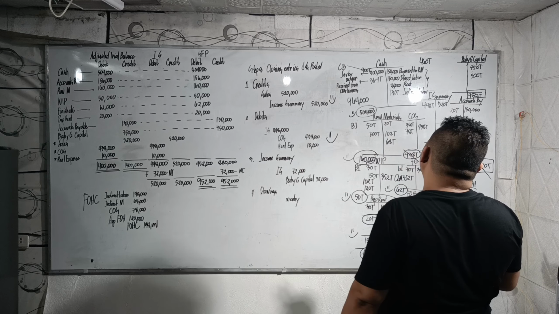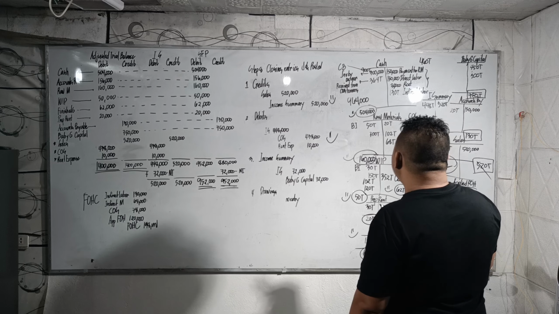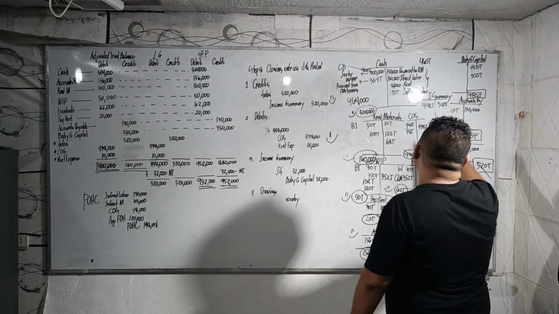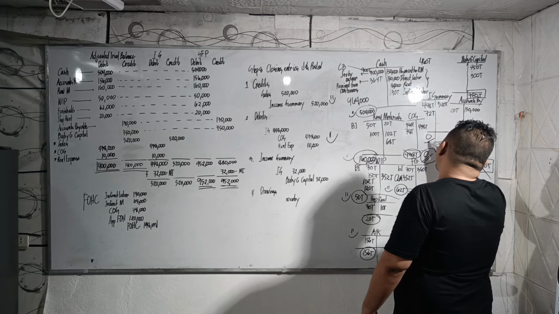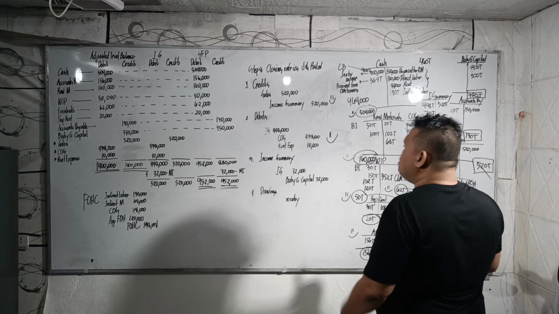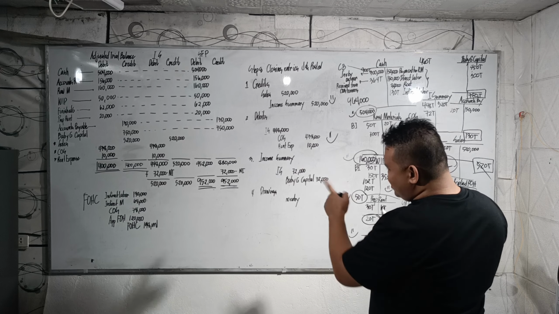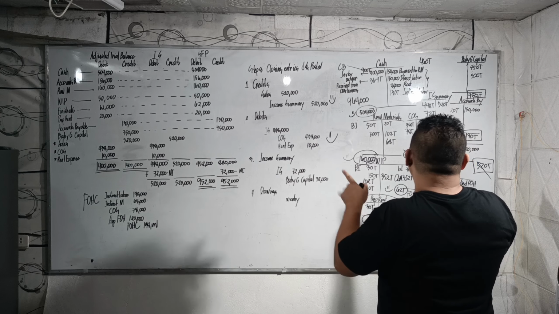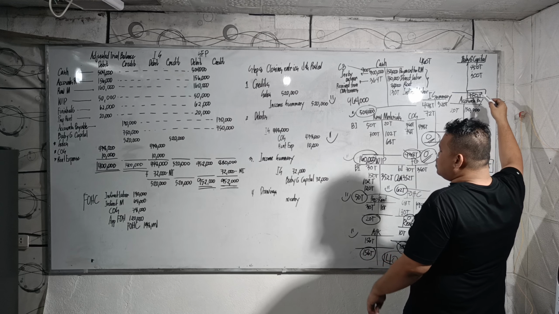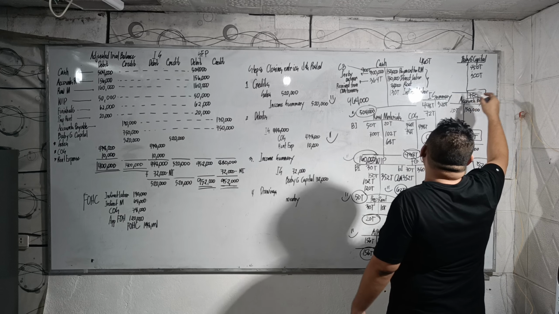Number 3, let's post. Income summary 72, debit. Because of that, this will become 0 also, the income summary, the most temporary account. And then BBG capital. So instead of 750 only, we are to add 72,000.